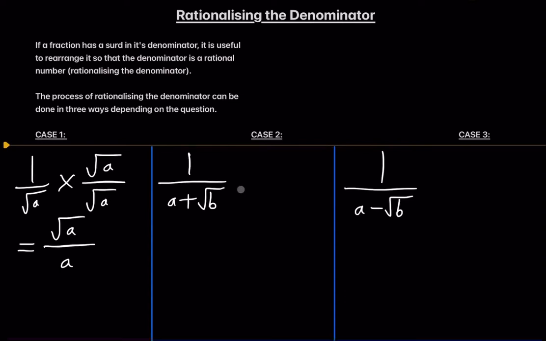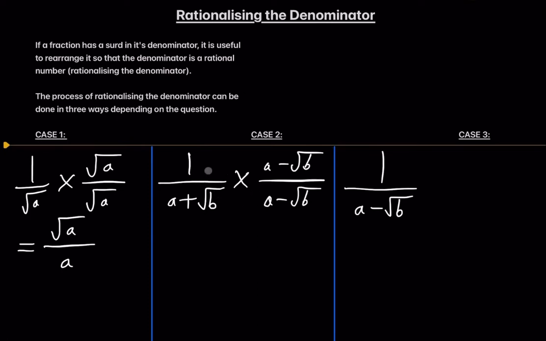Now for case 2, we've got 1 over a plus root b. In this case, we have to multiply the numerator and the denominator by a minus root b. And the idea here is when we multiply a plus root b and a minus root b, the a root b's will cancel out, and I'll show you what I mean in a second.